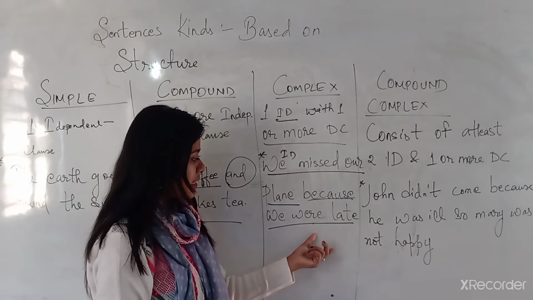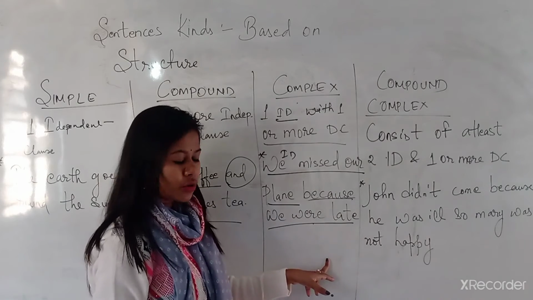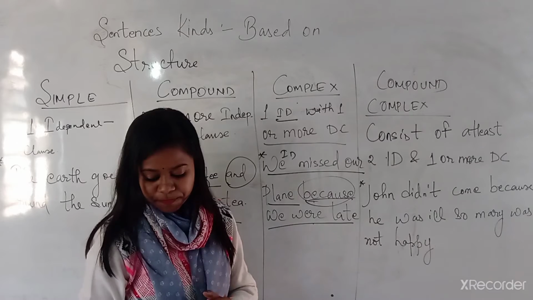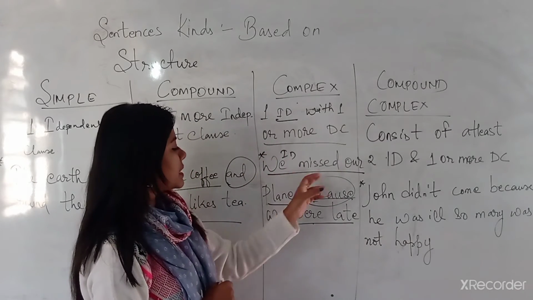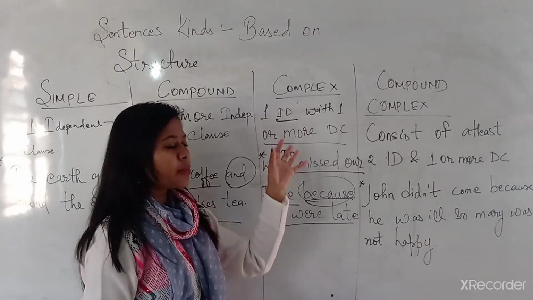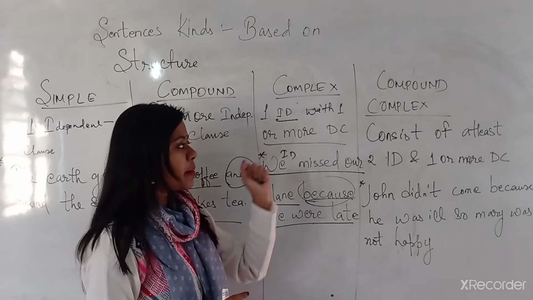So we can see that this is what? Dependent clause here. Okay, and this word 'because' is a subordinating conjunction, joining the clauses. So we missed our plane because we were late. Okay, now what is complex? It has one independent clause and one or more dependent clauses.